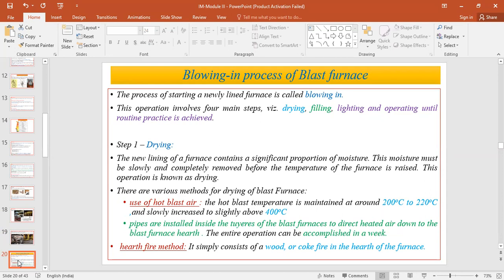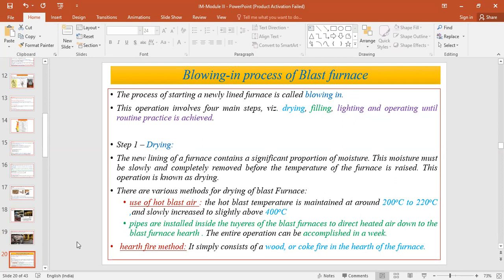This procedure is followed in two cases: when the furnace is shut down and you are restarting it, or when you are commissioning a newly lined blast furnace. In these two cases, we follow the blowing in process, which consists of a sequence of operations.